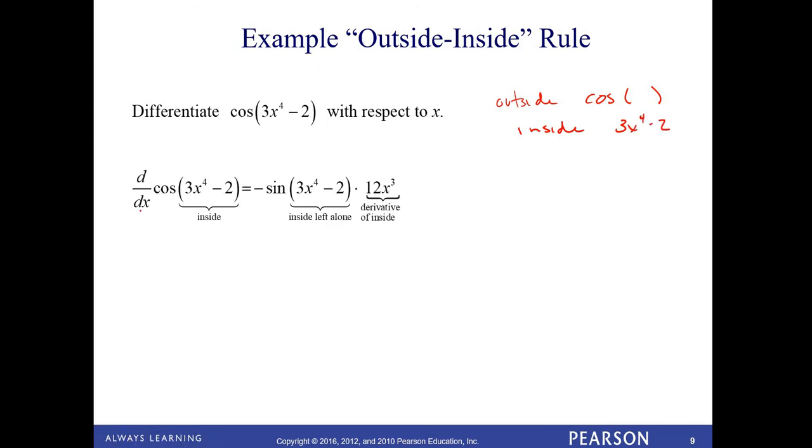So d dx of cos of 3x to the fourth minus 2 is the derivative of the outside. The derivative of cos is negative sine, leave the inside alone, times the derivative of the inside. And normally we're going to put our coefficients in front, and there's my final.